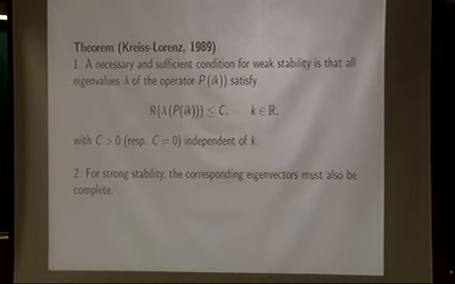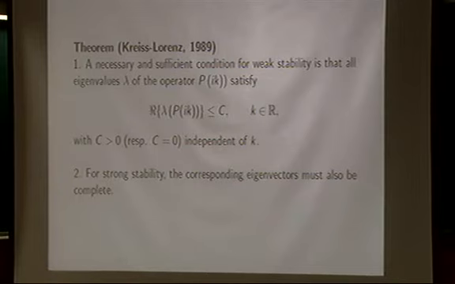There is a very famous theorem, Kreiss-Lorenz, 1989. It gives a necessary and sufficient condition for weak stability. That means you have the partial differential operator, and if you put the Fourier transformation in time, you have the frequency. But if you put the Fourier transformation in space, you obtain wave numbers.